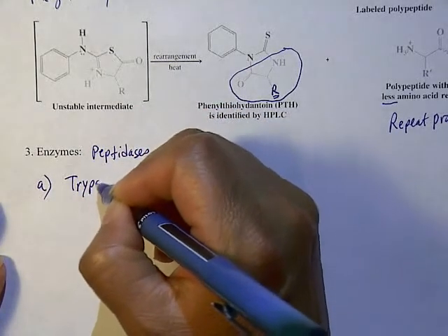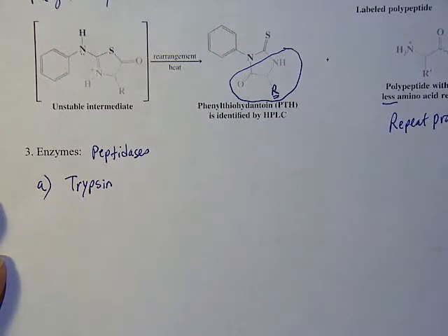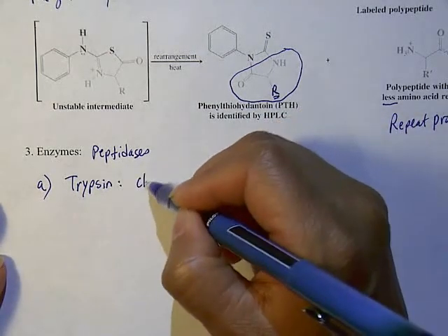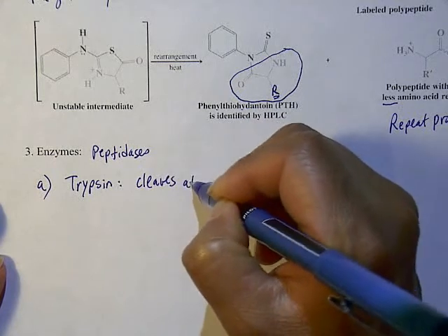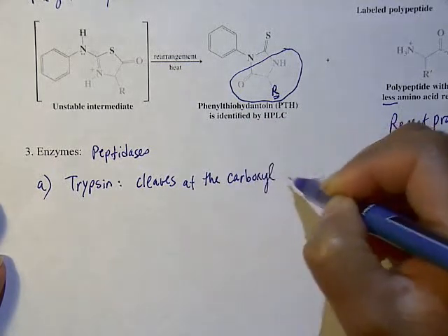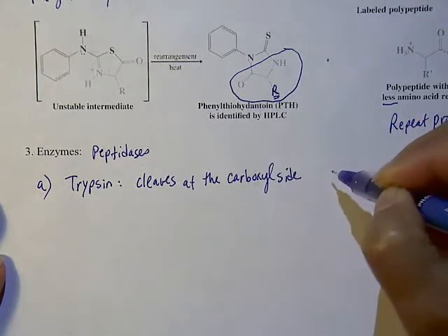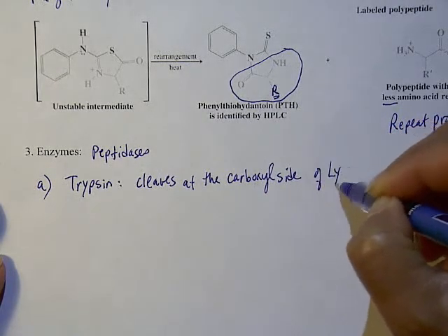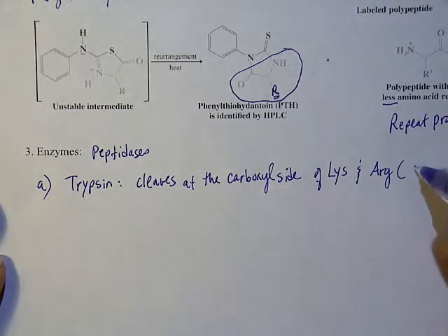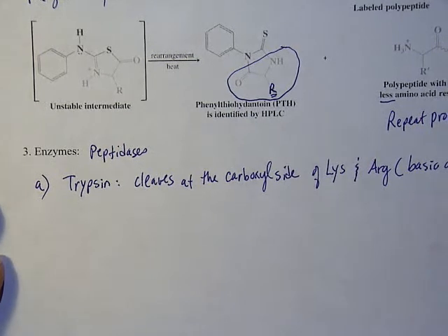I'm just going to go over two peptidases that your book introduces. One is called trypsin, and trypsin is very, very specific in that it only cleaves at the carboxyl side of lysine and arginine. So these are the basic amino acids, as you recall.